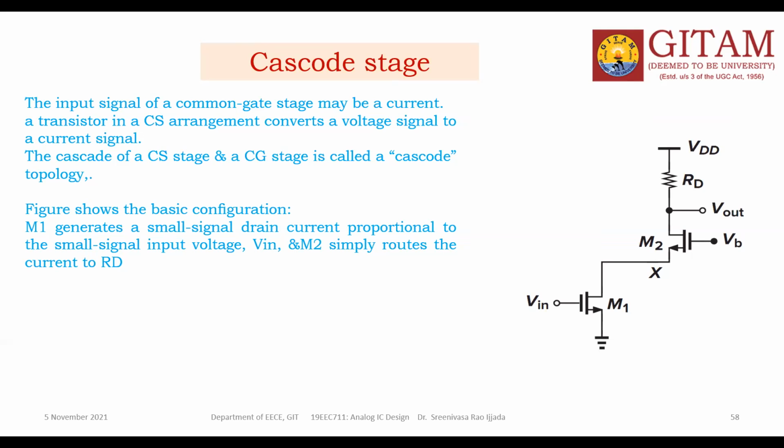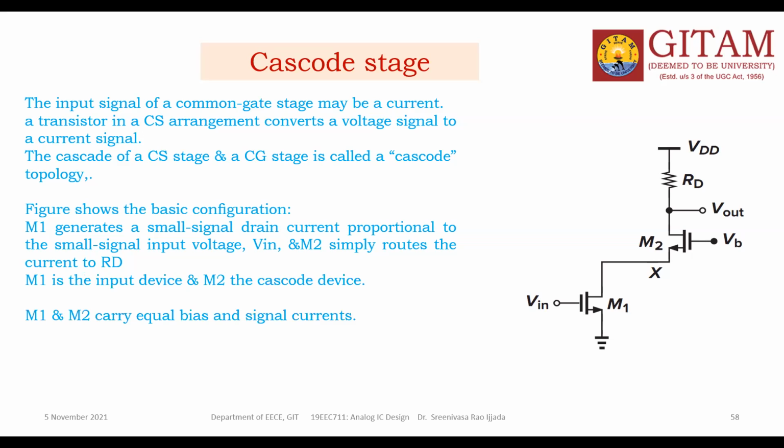Which will establish the drop across the RD, which can be treated as the output voltage. From this story, if you consider the whole circuit as a single block, one input is voltage and output is voltage. How beautiful this circuit is. Anyhow, we want to do some analysis for these cascode stages.